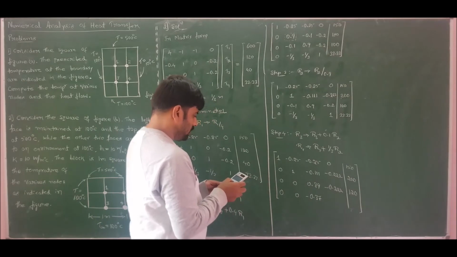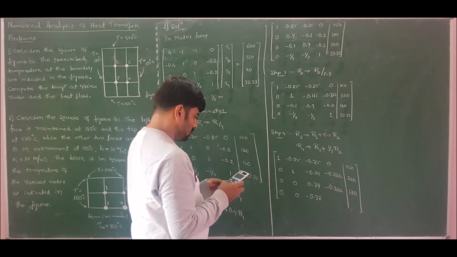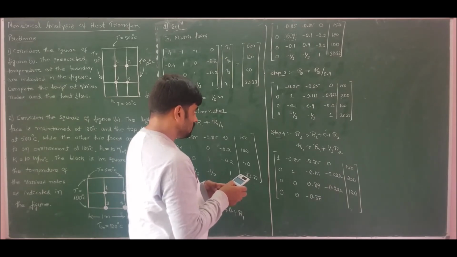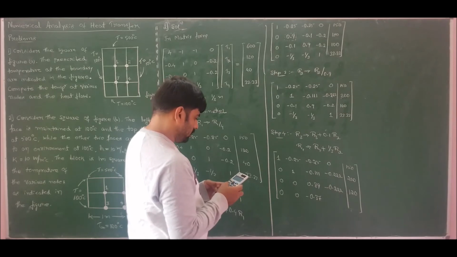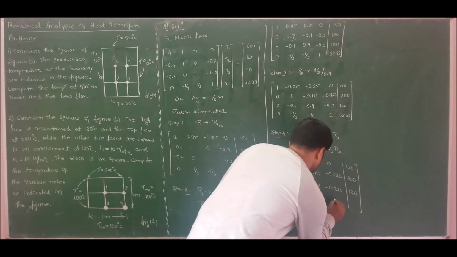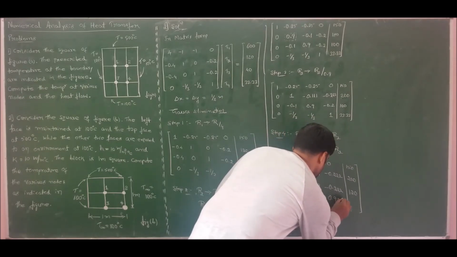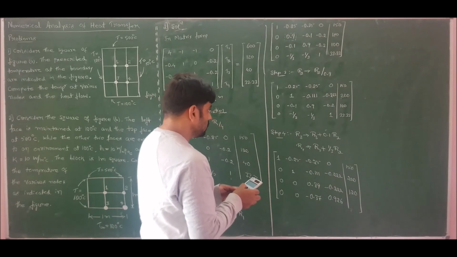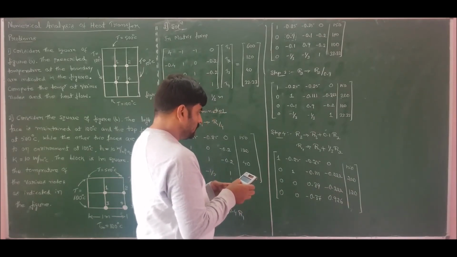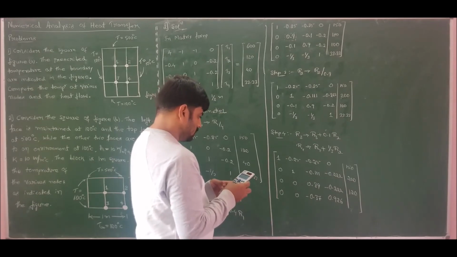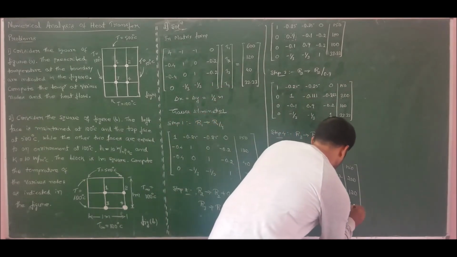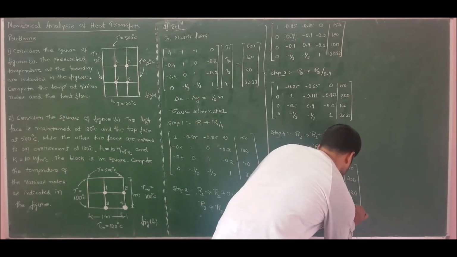Next we have 1 plus 1 by 3 into minus 0.222, which is 0.926. Next we have 33.33 plus 1 by 3 into 200, which is 99.99. I can take it as 100.